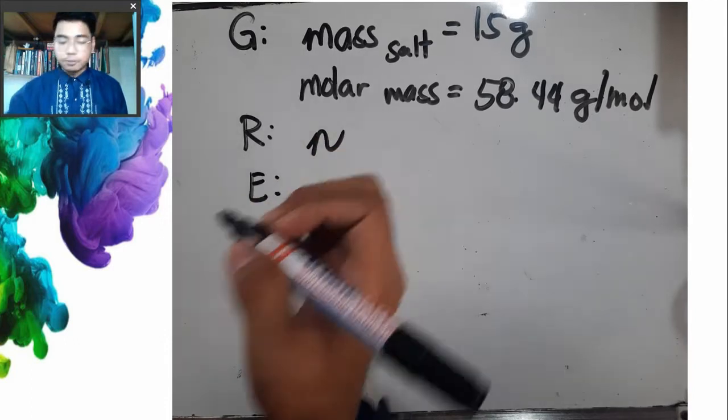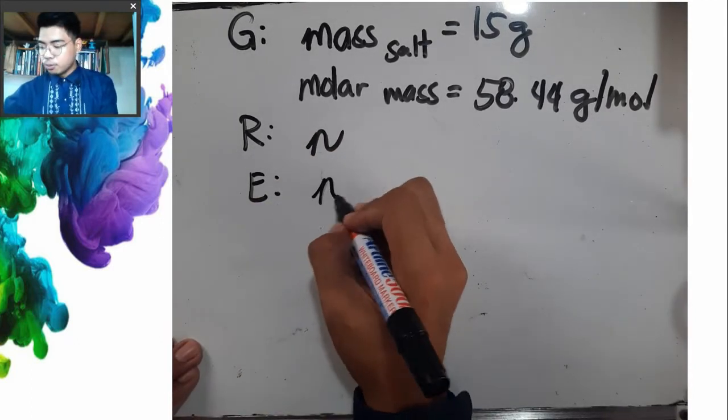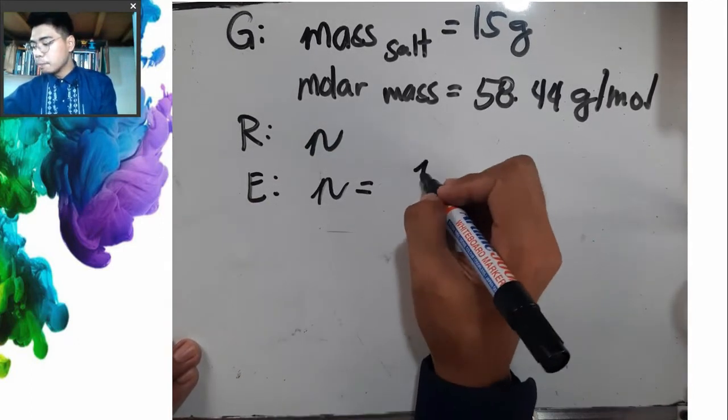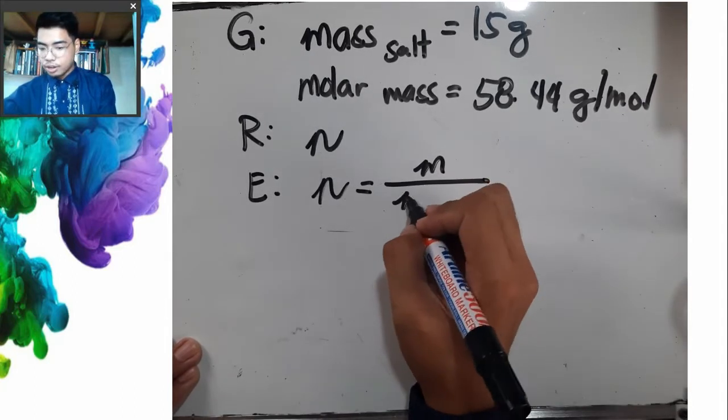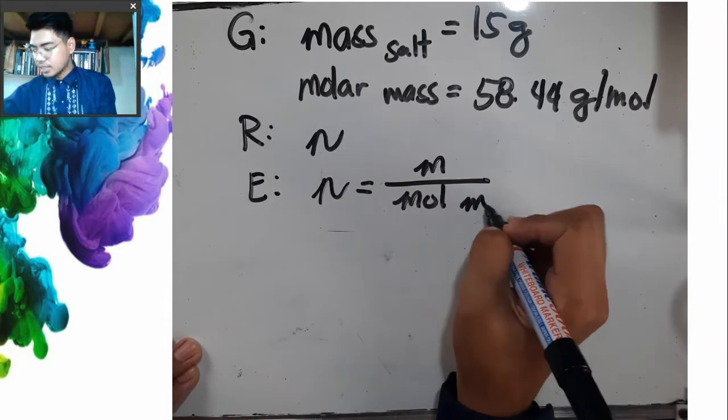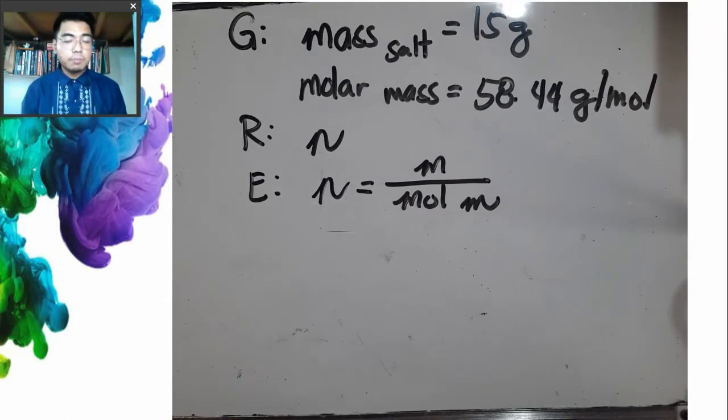Then for our equation, for us to get the number of moles, it is equivalent to mass over molar mass. Okay, so this would be the formula that we are going to use.